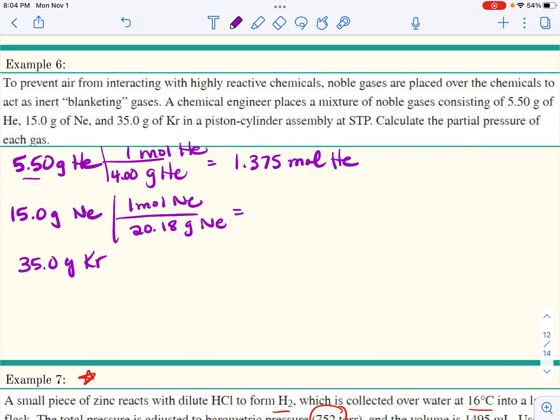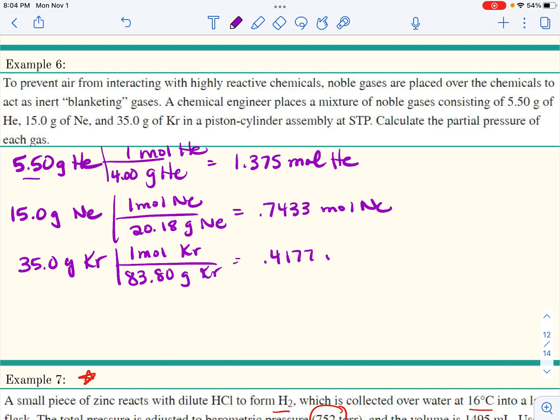I hardly ever use that one. I don't know it. That gives me 0.7433 moles of neon. I'm going to do the same thing with the krypton. I definitely don't know this. So 1 mole of krypton is 83.80 grams. And I find that this is 0.4177 moles of krypton.